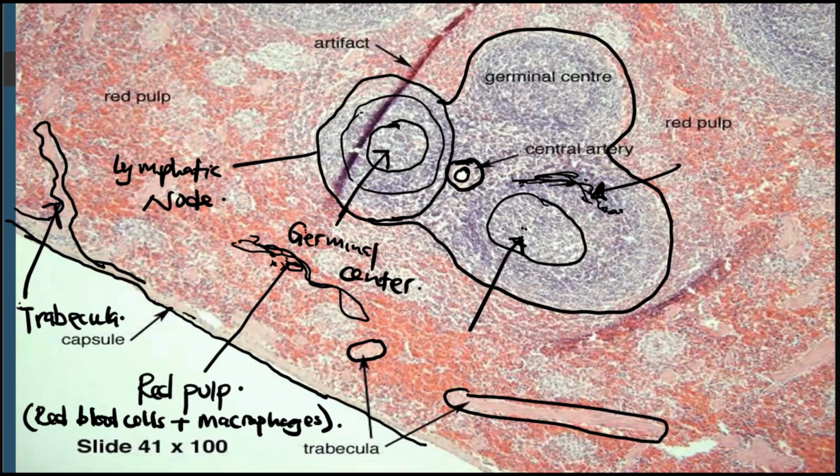The other difference between the spleen and the lymph node is that the spleen is not divided into the cortex and the medulla. But as you are going to see, the lymph node is divided into the cortex and the medulla. So these are the parts of the spleen that we want you to label.